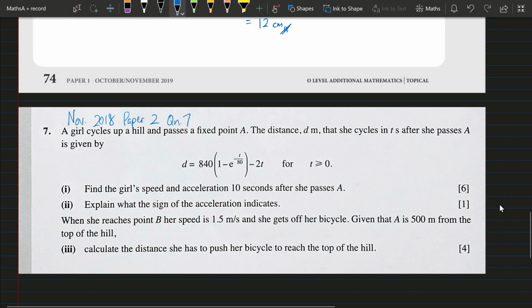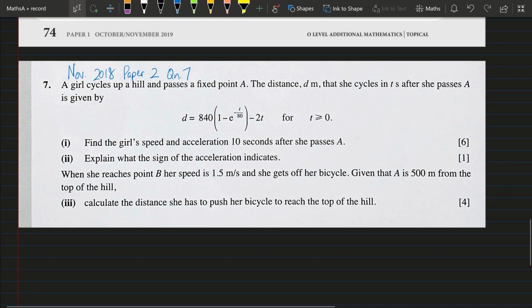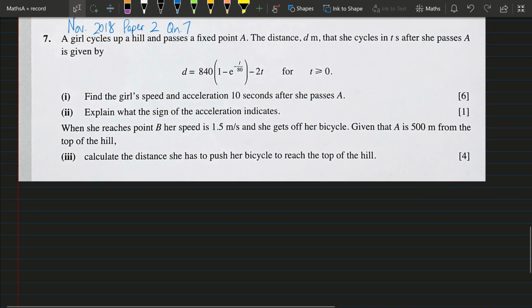Just remember that the girl cycles up this hill past a fixed point A, and the distance that she cycles in t seconds after she passes A is given by this equation. So, find the girl's speed and the acceleration 10 seconds after she passes A.